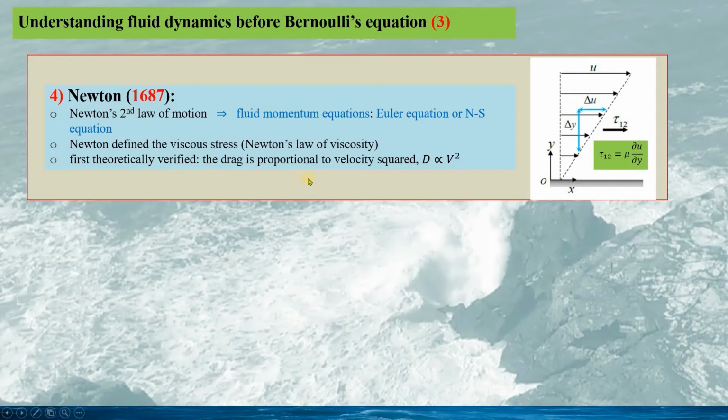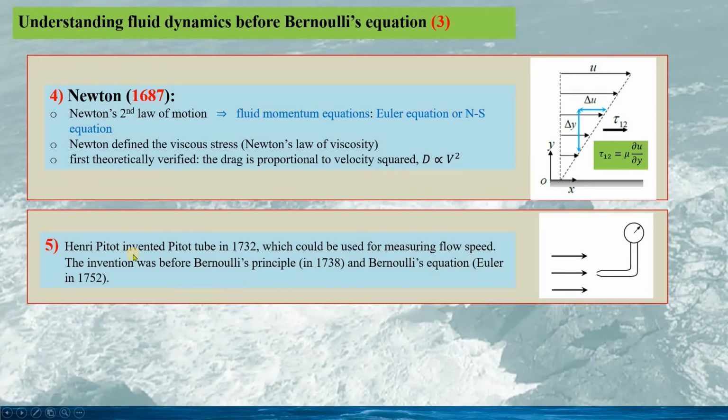And Newton also defined the viscous stress for the fluid, Newton's law of viscosity. Here, this is the principle for defining the viscous stress. Newton was also the first to theoretically verify that the fluid drag is proportional to the velocity squared.